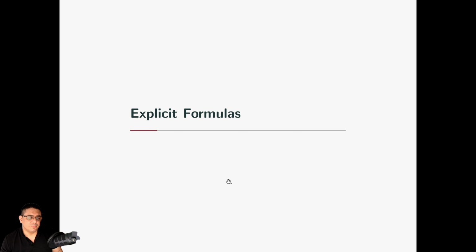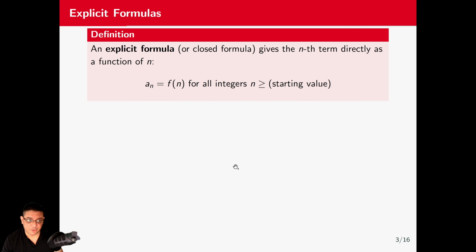Now, sequences also have an explicit formula that governs their terms. For example, we can give the nth term directly as a function of n for all integers, and we have to give a specific starting value, so we always say n is bigger than or equal to a certain starting value.